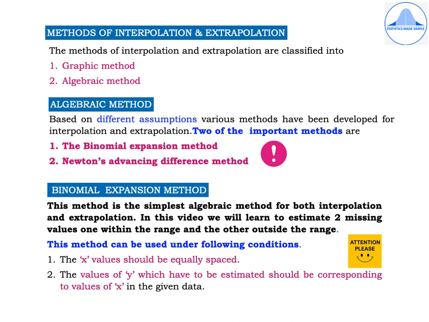Now, when can the binomial expansion method be used? There are two conditions. First, the x values should be equally spaced, and second, the values of y which have to be estimated should be corresponding to values of x in the given data. These two points are important to remember.